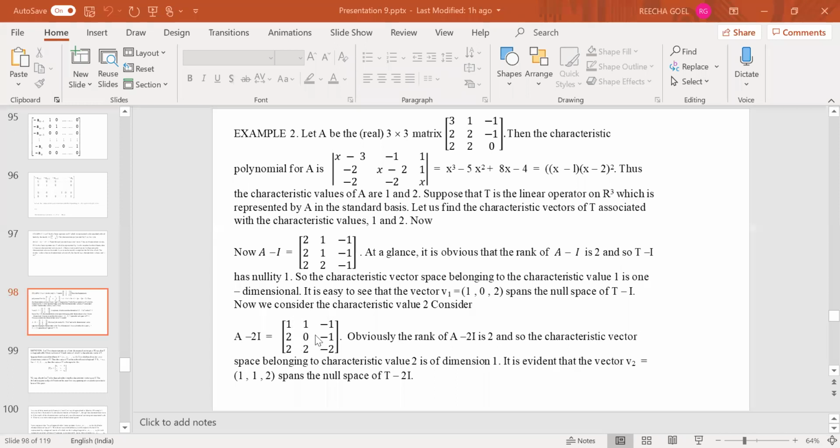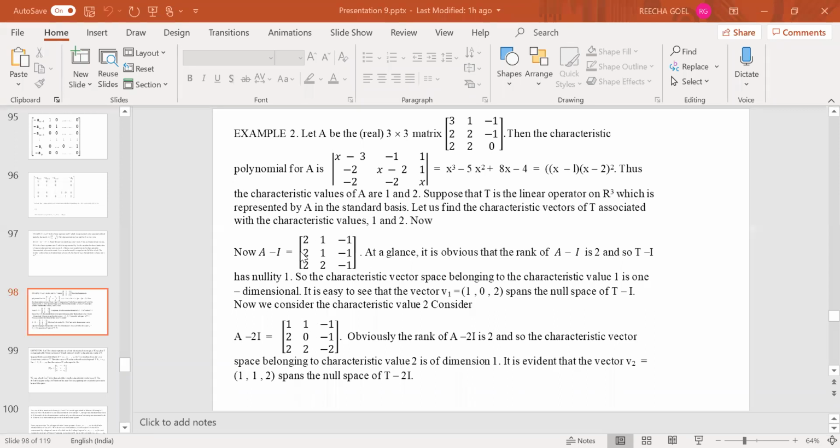And moreover, the rank of this particular matrix is also 2, because if you consider this particular minor, its value is non-zero. So rank is going to be 2. In this case also, I have got only one independent vector.